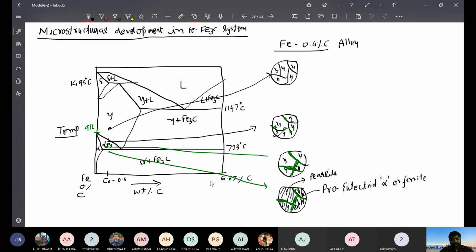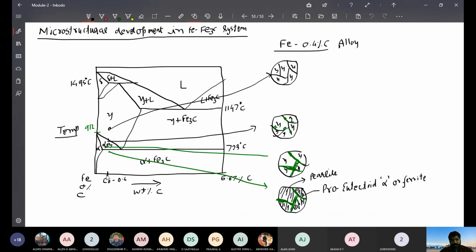Now, in the last class, I took an alloy of iron and carbon with 0.4% carbon and heated it. By the time you heat the alloy up to this point and cross this line, everything will be in gamma phase.